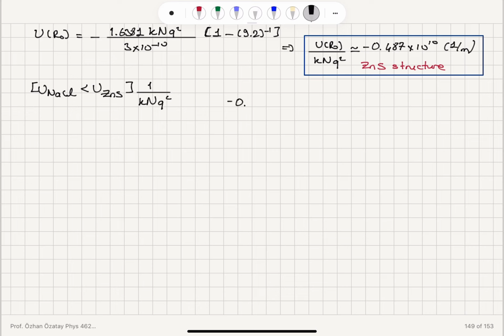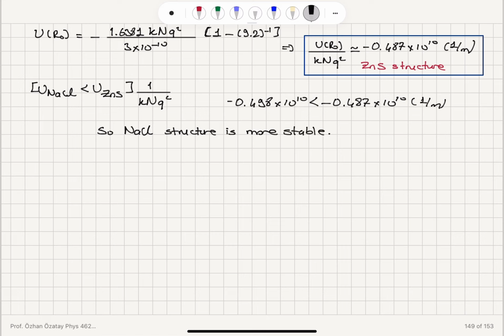So minus 0.498 times 10 to the 10 is less than minus 0.487 times 10 to the 10 in 1/meters. So what is the conclusion? Since the absolute value of the cohesive energy for sodium chloride is higher, it's more negative, we find that the sodium chloride structure is more stable by comparing these two values.